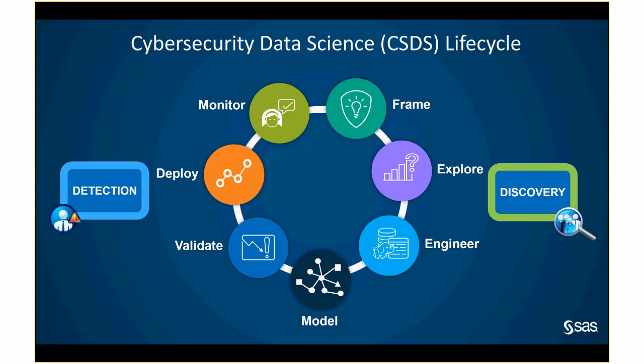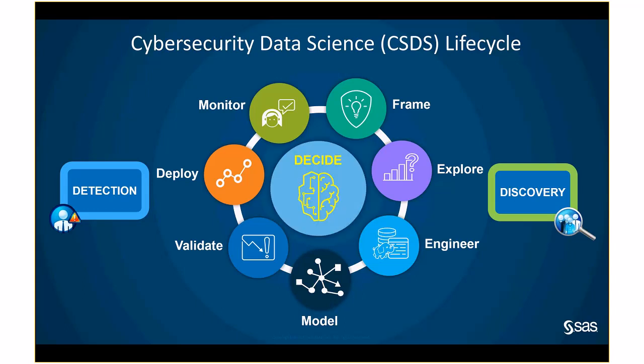And there's two key aspects, which are discovering and detecting. So there are different steps in this process, but they manage the interplay between finding new and emerging types of threats and then putting in place operational methods to detect and remediate.